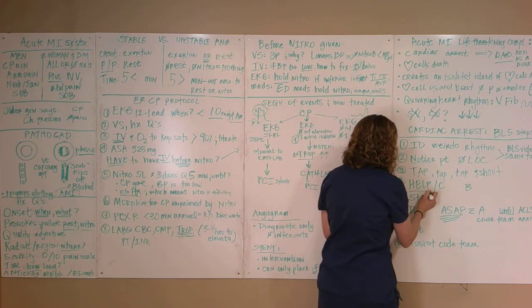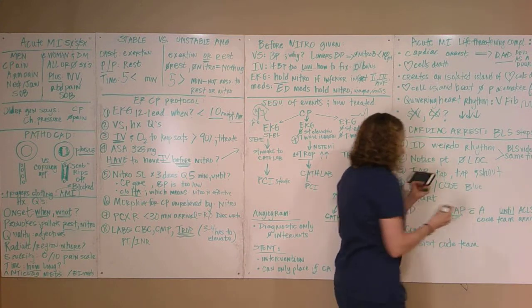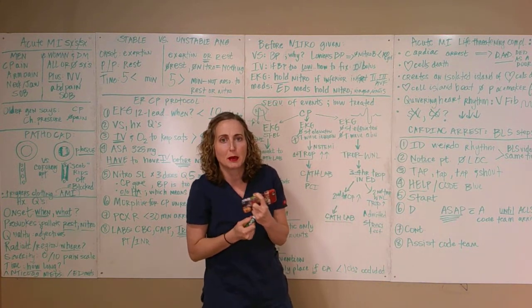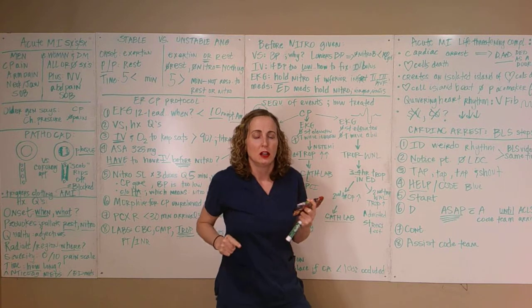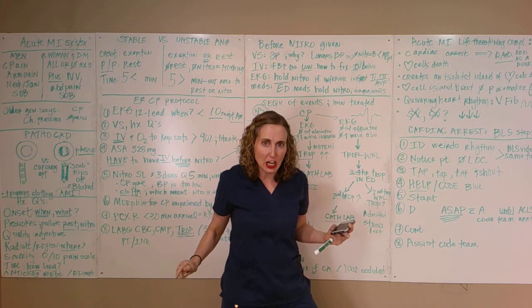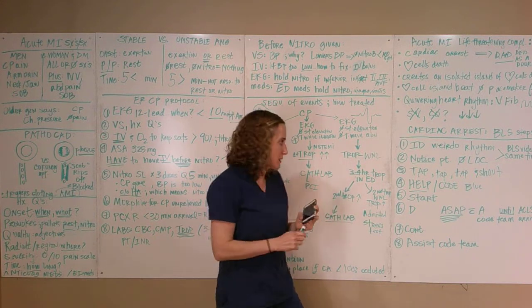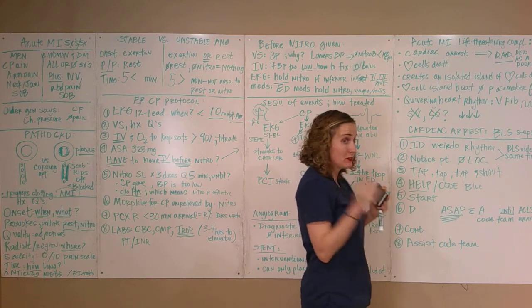we call for help, otherwise known in the hospital as a code blue. Usually there's a button right up above the head of the bed. Code blue, push it. If you can't find the button, then yell, "Can I get some help in here?" If you say that in that tone of voice, you'll get lots of friends running. But don't leave the patient, stay with them.